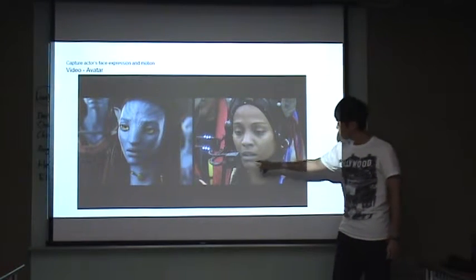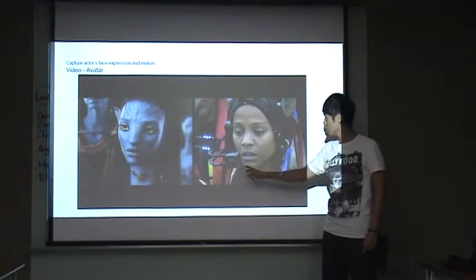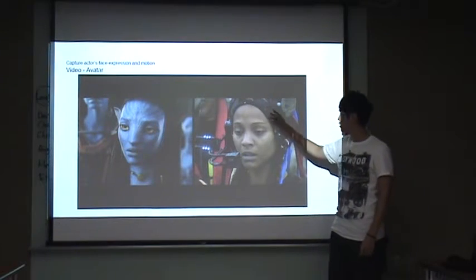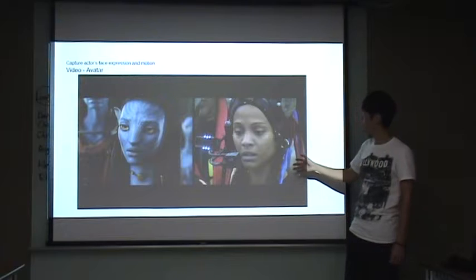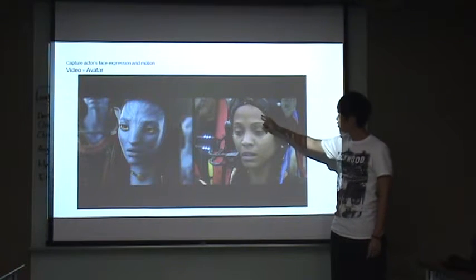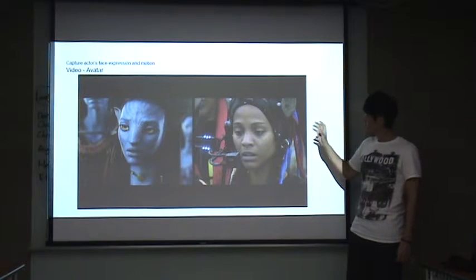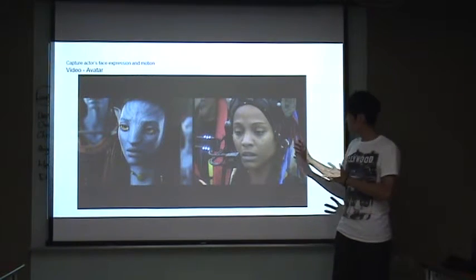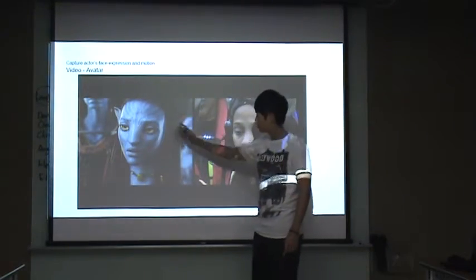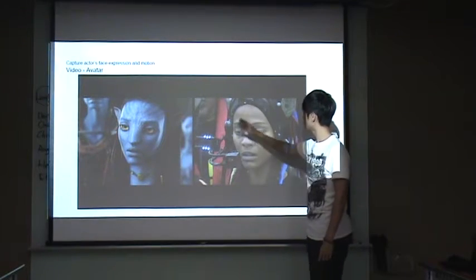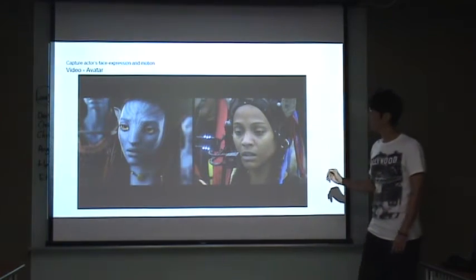There's a camera here that captures the actor's face as they make facial expressions. The camera records the movement of each green point, and then they build up the 3D model based on those green points.